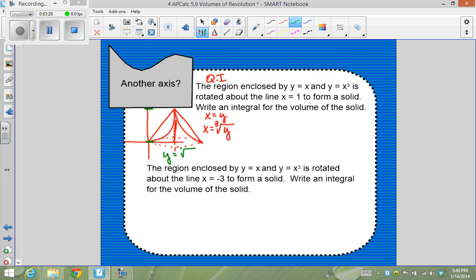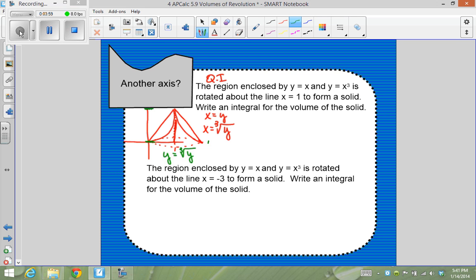Cube root of y. If I cube both sides, that's going to make this really ugly in terms of solving. So let's go back and look at our x's and see if we can figure it out that way.